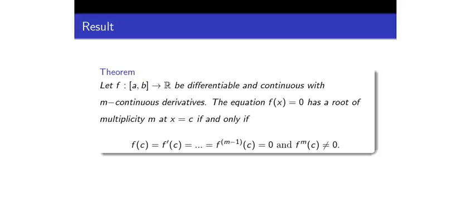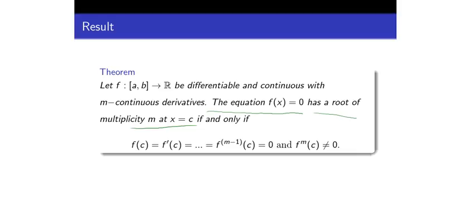So you are saying a root with multiplicity m means you require the differentiability of function f m times. So when will you say that the equation f of x equals 0 has a root of multiplicity m at x equals c? If and only if f of c is 0, its first derivative is 0, second derivative is 0, and so on up to the (m minus 1)th derivative is also 0, but the mth derivative is non-zero at that point.